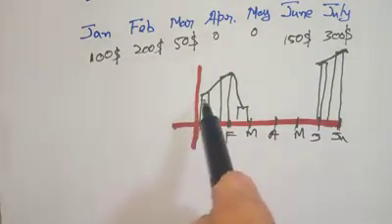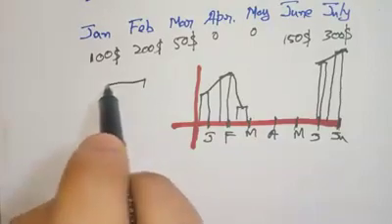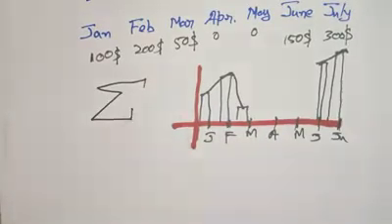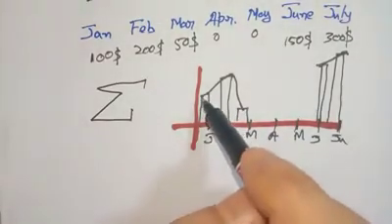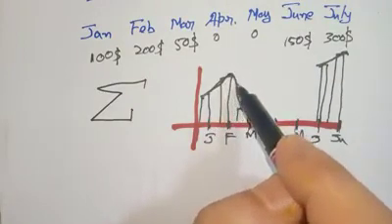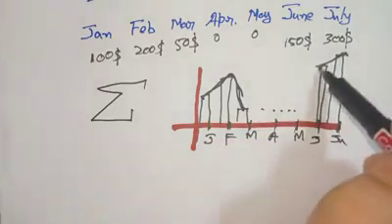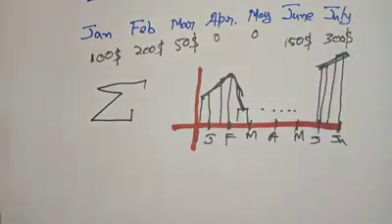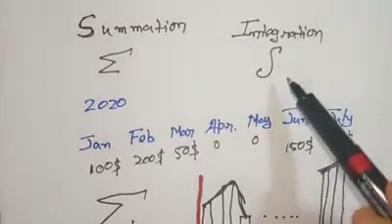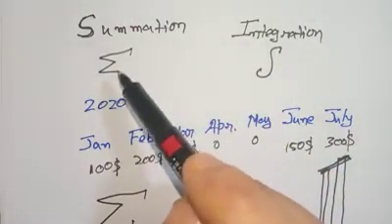For plotting this type of graph, what we use typically is the sigma notation. If there is a break in between the function, or in the plotting, then you cannot use the integral sign. You have to use summation.